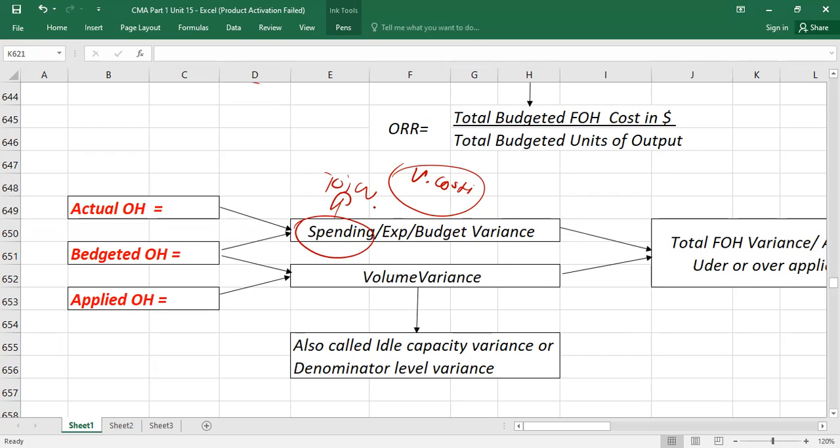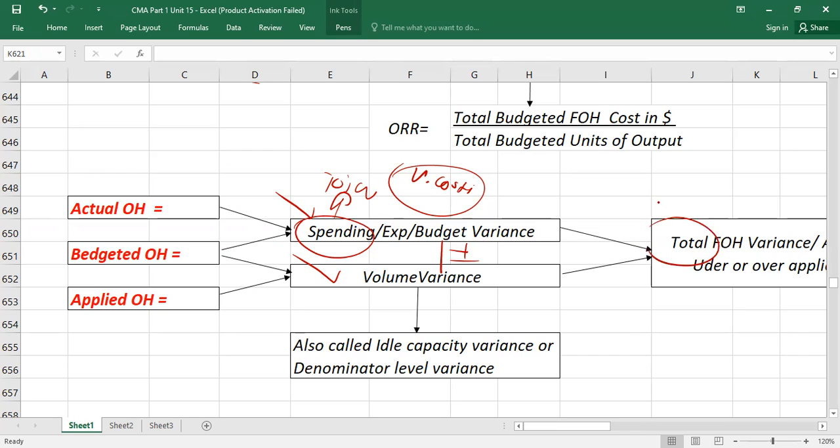Understood? Now I'm saying another question. If the company is using absorption costing, which costing? Absorption costing. And I want you to calculate total variance. How will you calculate total variance? First you will calculate spending variance, then you will calculate volume variance, then these two variances you will do plus minus. So this is going to give you what?